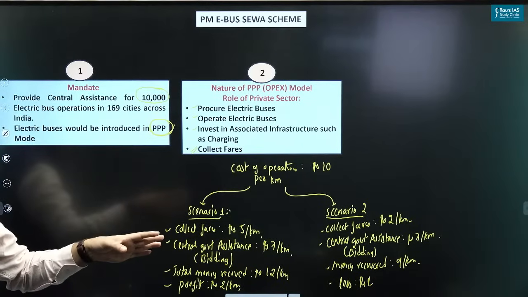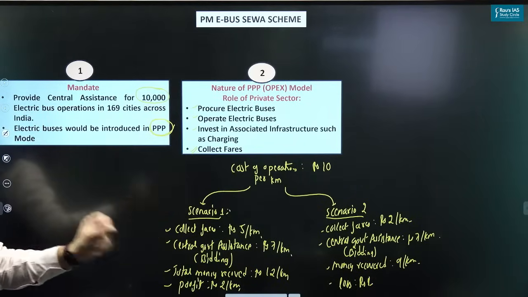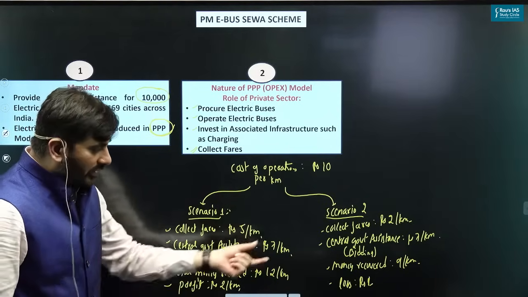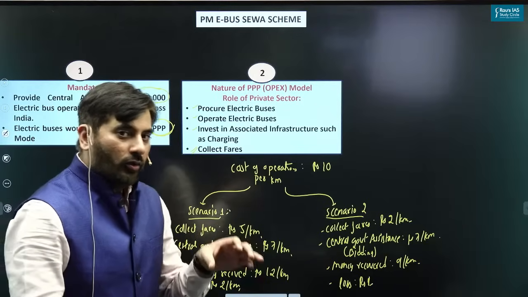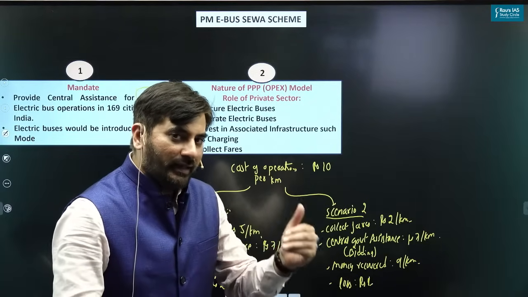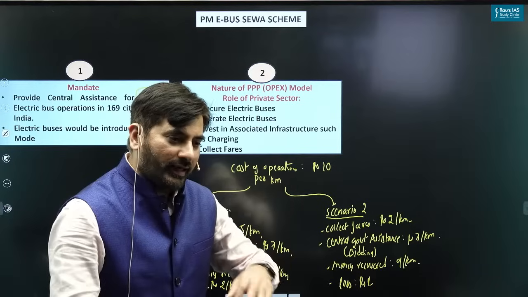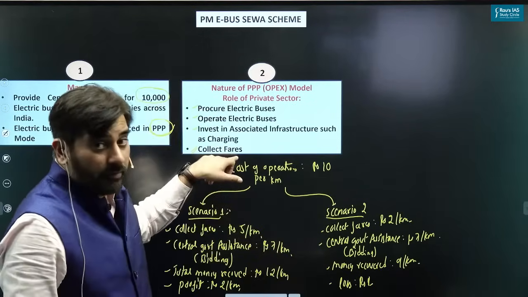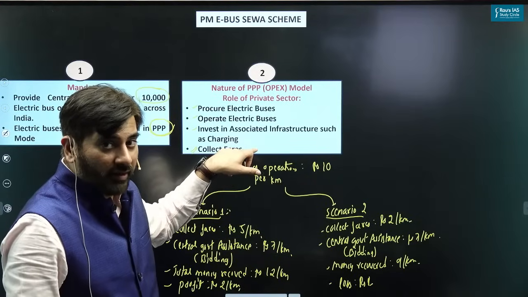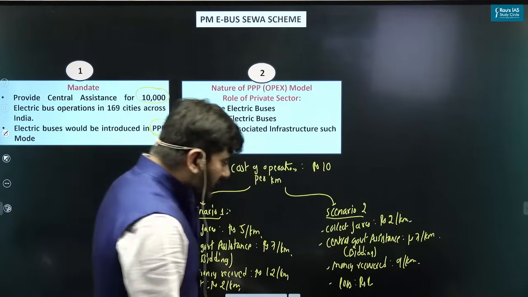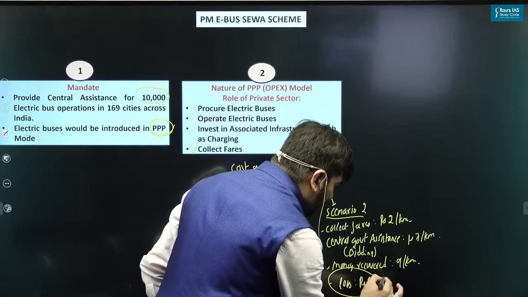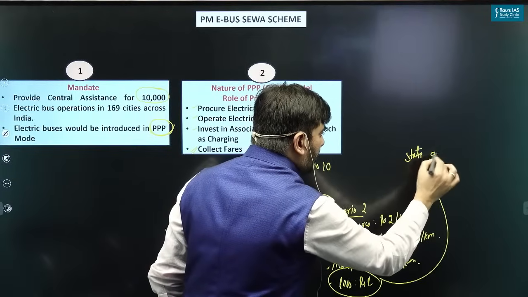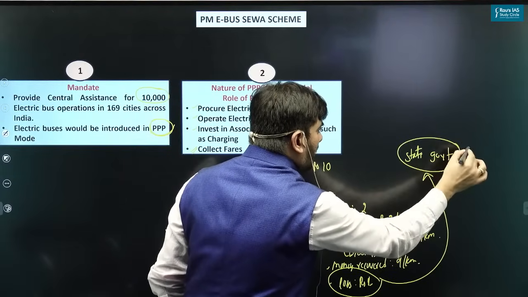1 rupee is a loss which it is incurring. I hope you are getting this point, everyone. Now think, as long as it is getting profit, no problem. But if it is incurring a loss, don't you think the very fact that these entities can incur loss will discourage the private sector from coming forward and investing in all of these infrastructure projects, including procurement of electric buses? So in this particular case, this loss of 1 rupee has to be paid by the concerned state government.